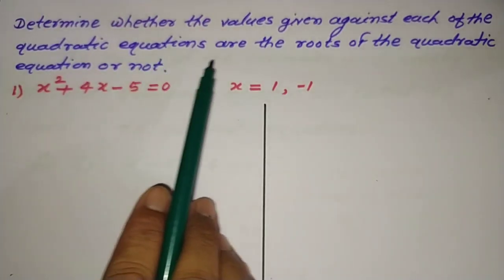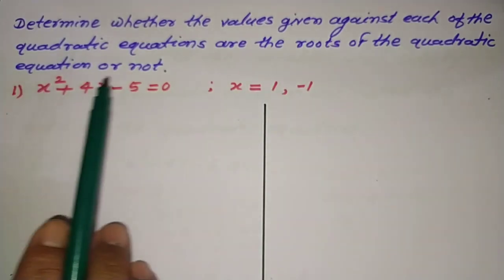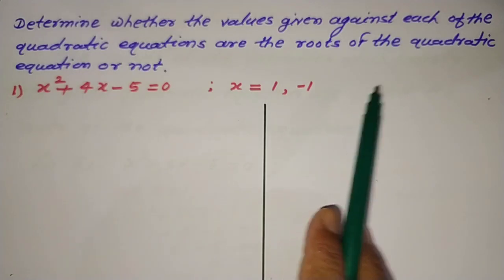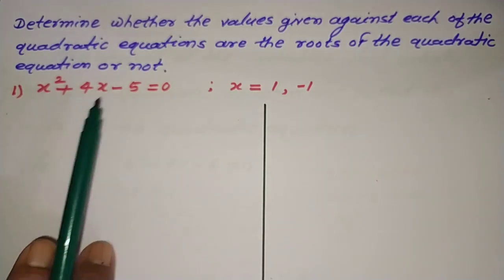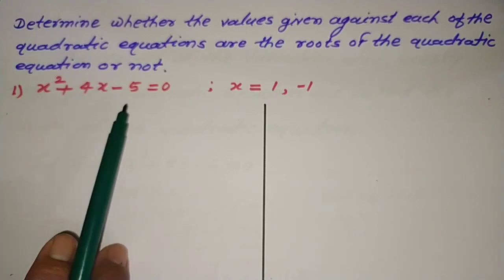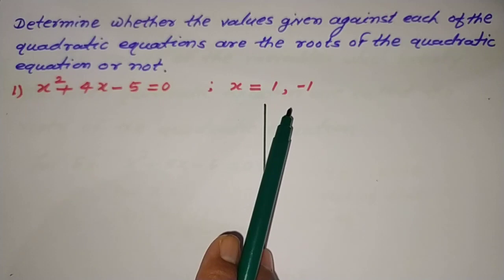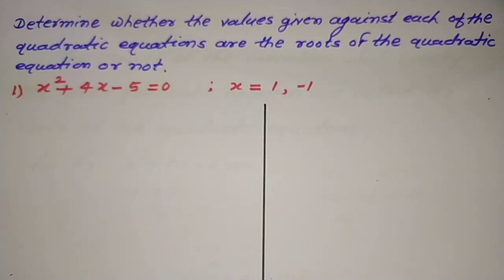Determine whether the values given against each of the quadratic equations are roots of the quadratic equation or not. Example first: x square plus 4x minus 5 is equal to 0. The values of x are 1 and minus 1.